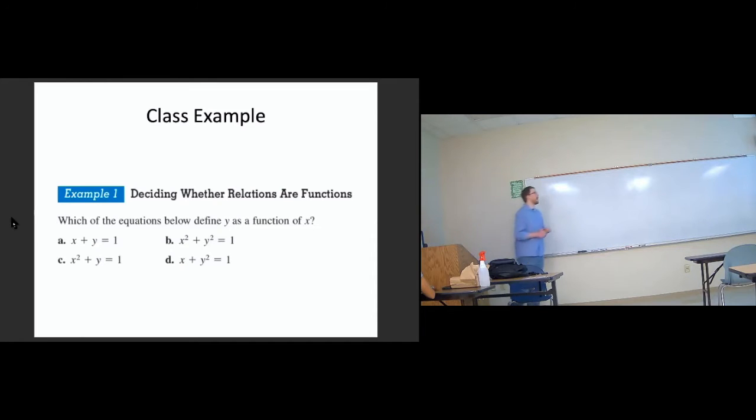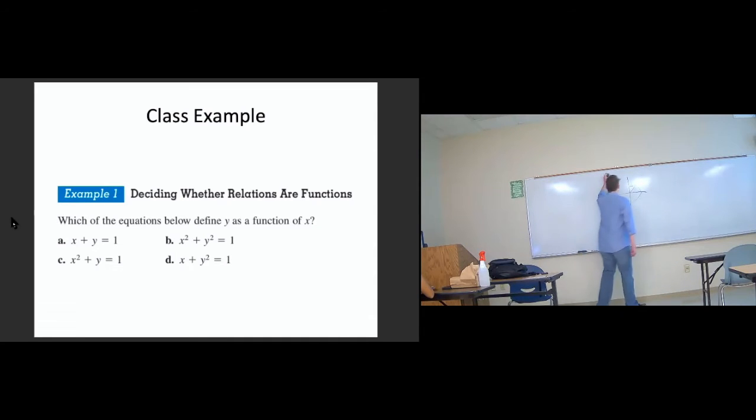So when talking about these, this is the equation of a circle, right? x squared plus y squared is equal to 1. So we have in B a circle with radius equal to 1.